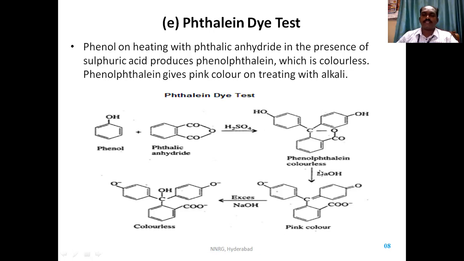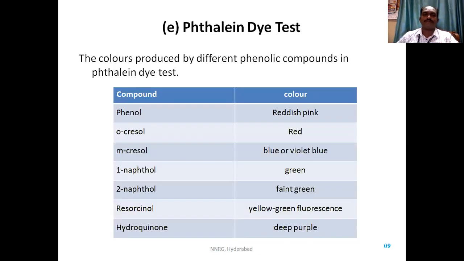When you treat this with NaOH solution, the bond breaks here, and it forms pink color. Once you add excess NaOH, it gives a colorless solution. So the change from pink to colorless indicates the presence of phenol.